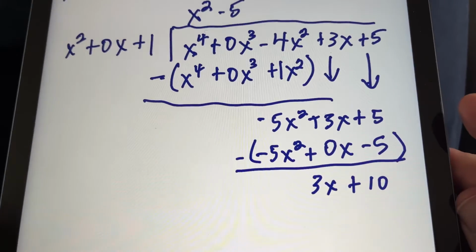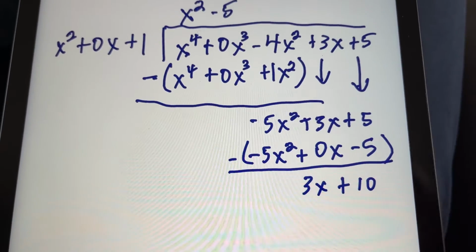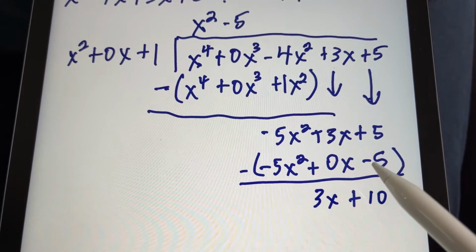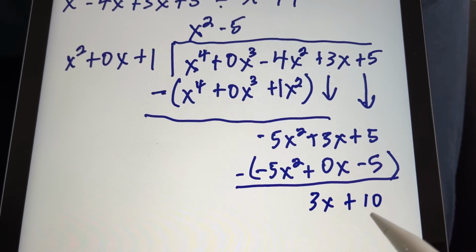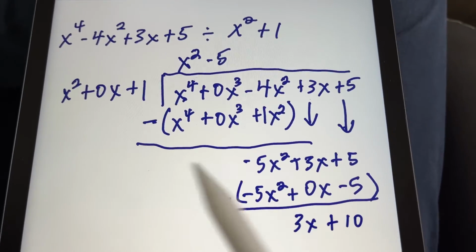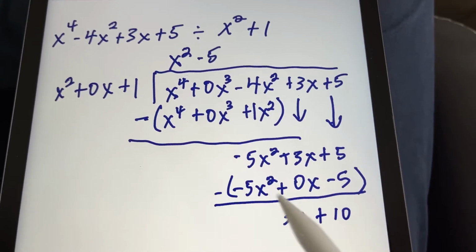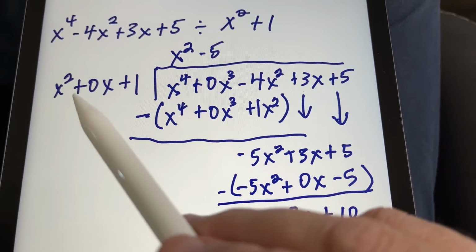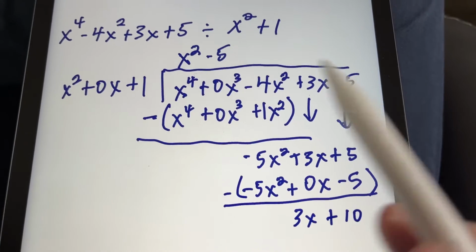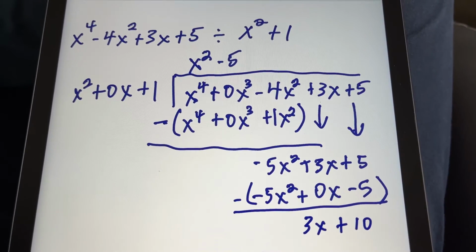So I have positive 10 there because 5 minus a negative is a positive. So it's 5 plus 5, which is 10. So that's what I have there. And notice, as I look here and here, there isn't anything I could put up here times x squared that would give me 3x. This is how I know that I'm finished.